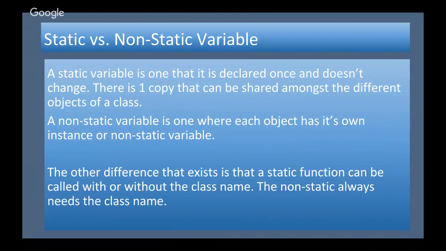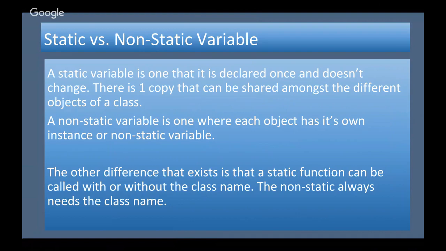One of the major differences is that a static variable or function can be called upon with or without the class name, just because there's only one. However, non-static always needs a class name.